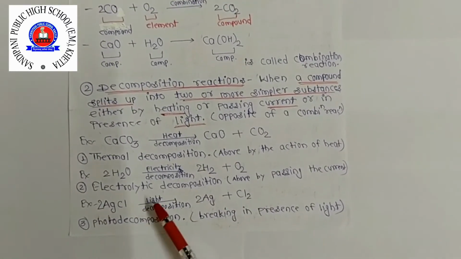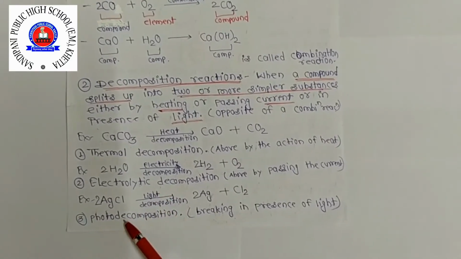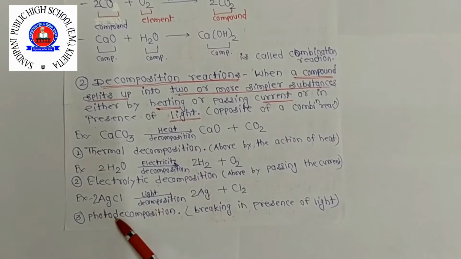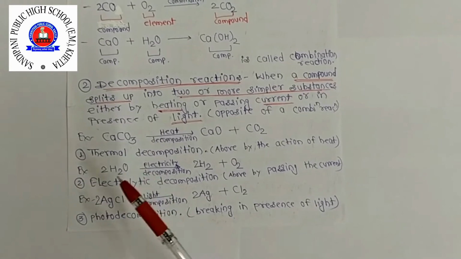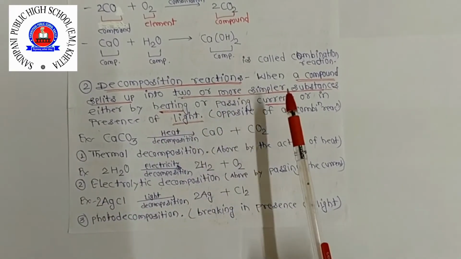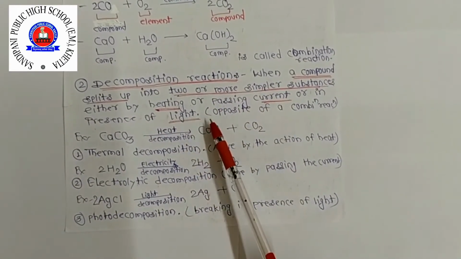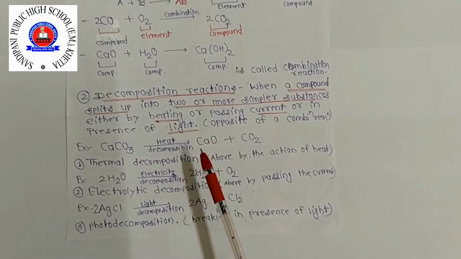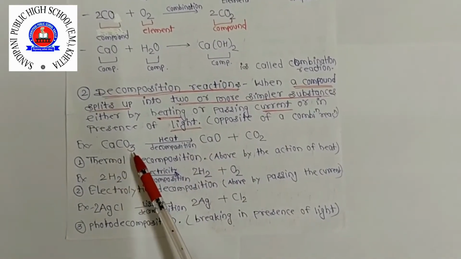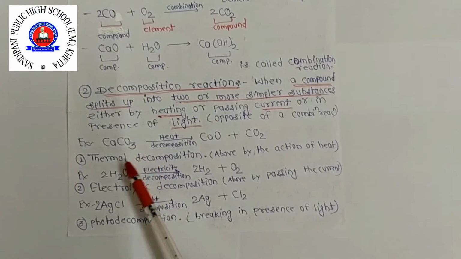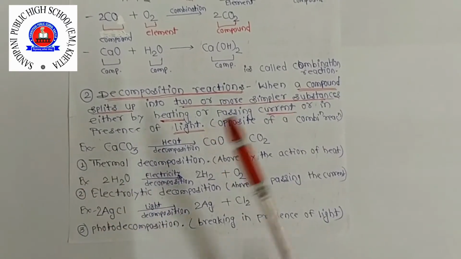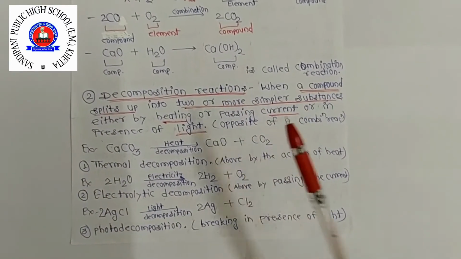Here light is used, so the name is photo decomposition, and photo means light. Clear? Now here are heating, current and light. These are used to break down the compound and change it into simpler substances. Clear this one?